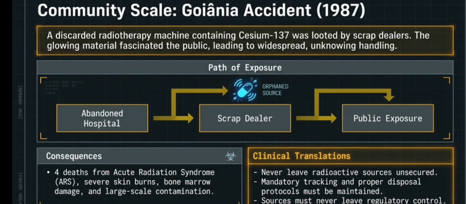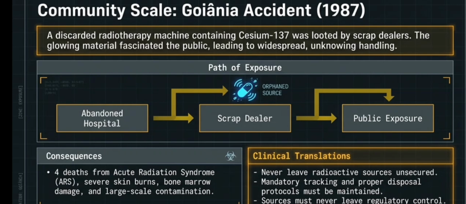Next is the global scale. Chernobyl disaster, 1986. Let's start the global scale with the infamous 1986 Chernobyl disaster. A failed reactor safety test triggered a massive explosion, releasing an immense amount of radioactive material into the environment.